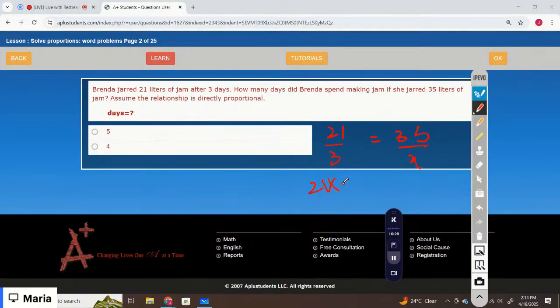So that is 21 times x equals 35 times 3. So x equals 35 times 3 over 21. 7 times 3 is 21 and 7 times 5 is 35.